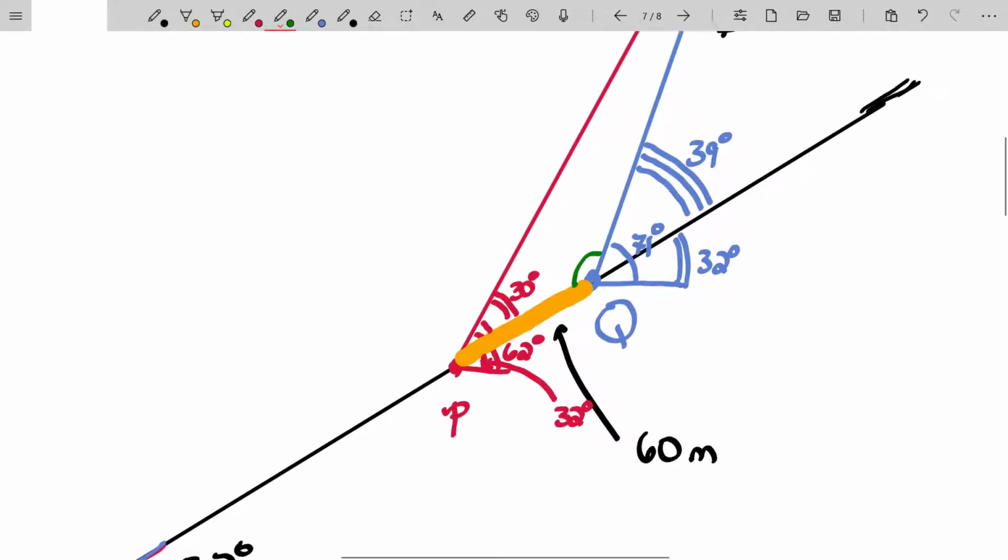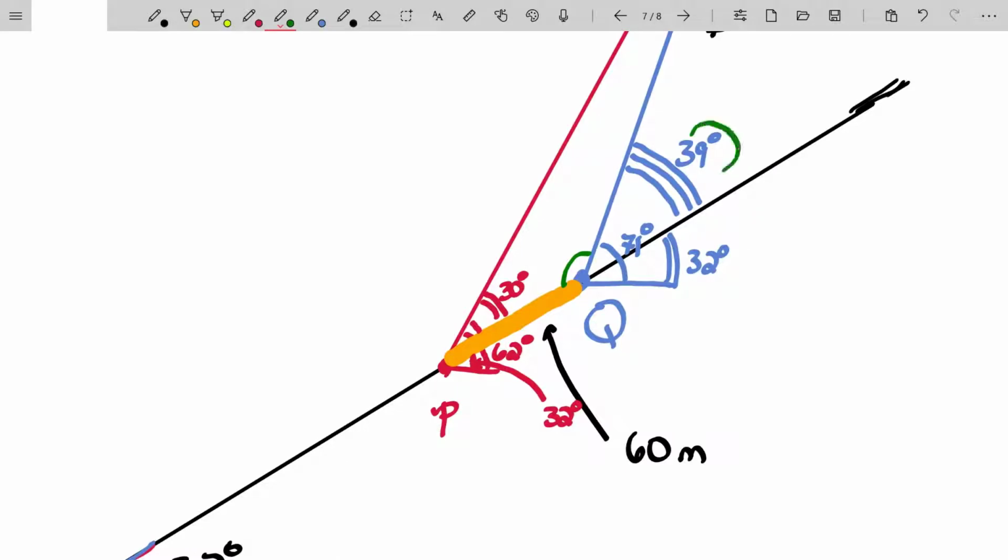Well, if you take a look at that 39 degree angle versus this, I'll call X degree angle, they are supplementary angles. And so therefore, X plus 39 degrees should equal 180. That is, X is going to be 180 minus 39, which is 141, I think. 141 degrees.